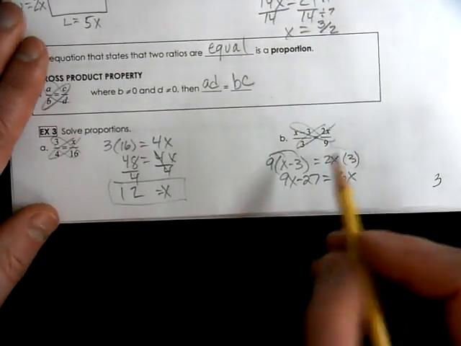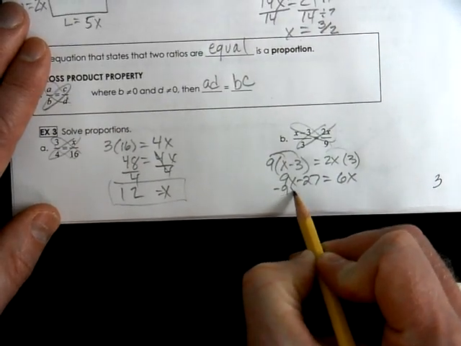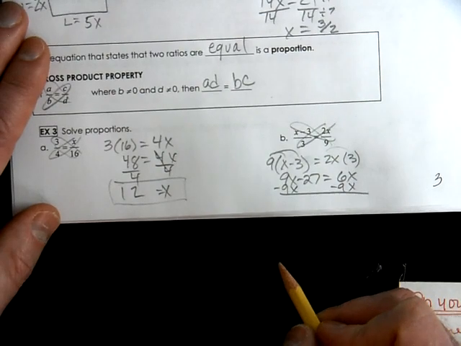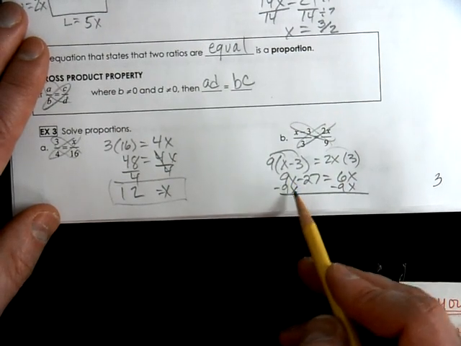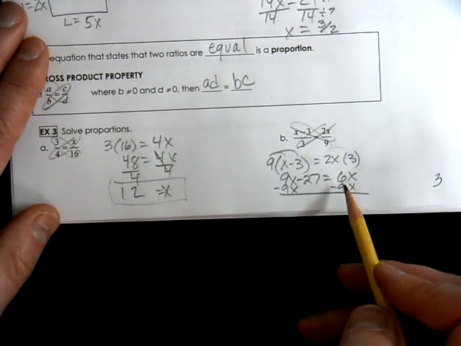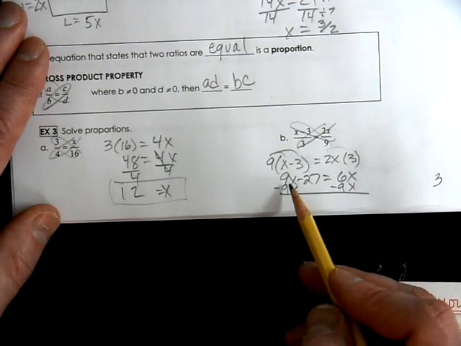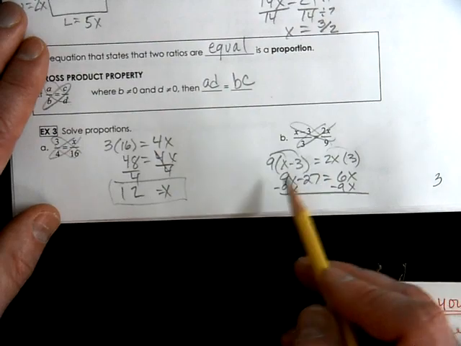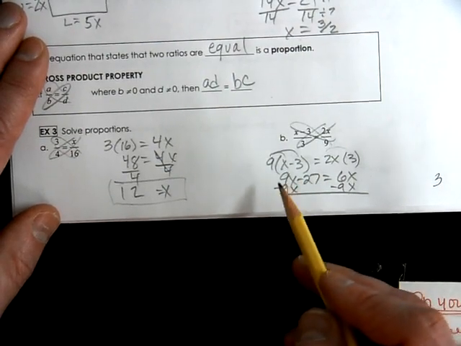Now you want to get your like terms together. So your x's are your like terms. So I'm going to move my 9 underneath my 6. I could have moved my 6 underneath the 9. That would have been fine. But then I would have had the 27 and the x's all on the same side together.